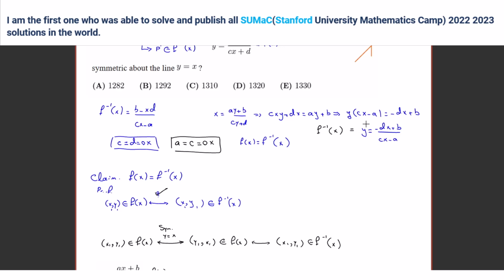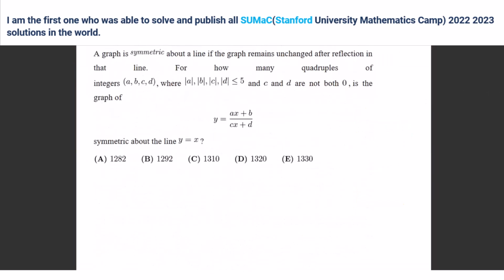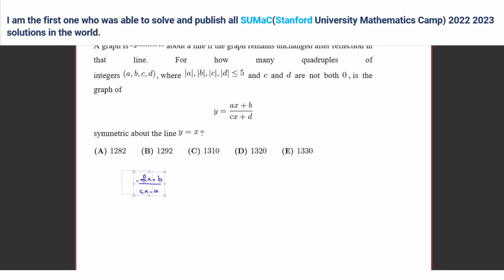F inverse is this one, right? And f of x is ax plus b over cx plus d, right? And so, have you considered this equation or not yet? I have. Okay.